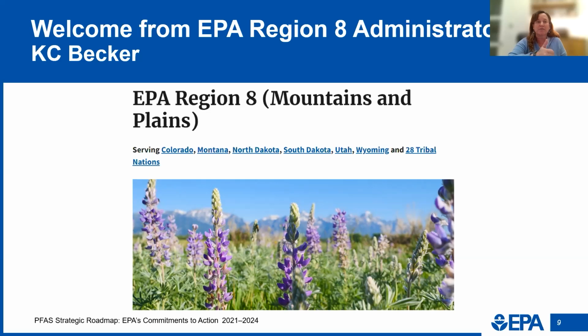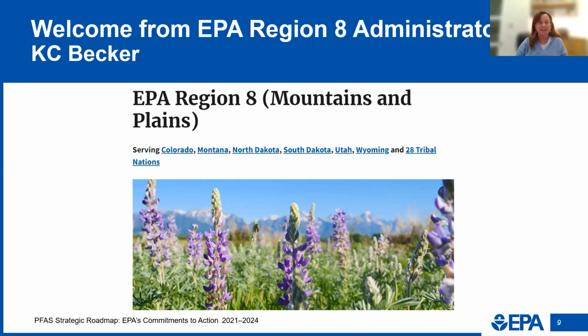That's our plan to research, restrict, and remediate PFAS. By the end of September, EPA is awarding $236 million of Bipartisan Infrastructure Law funds to states and tribes for projects to address emerging contaminants like PFAS here in Region 8 states and on our tribal lands.